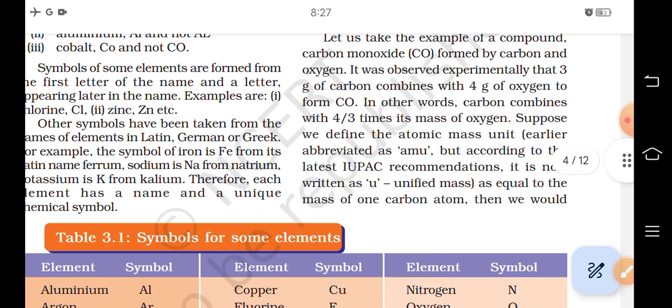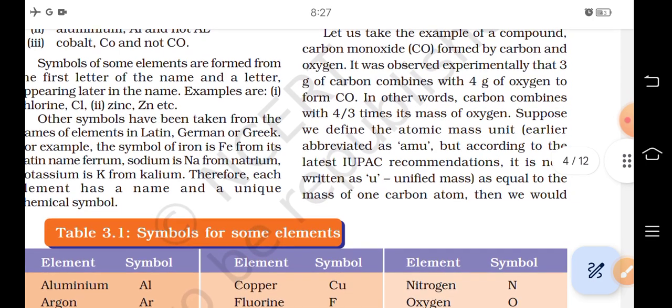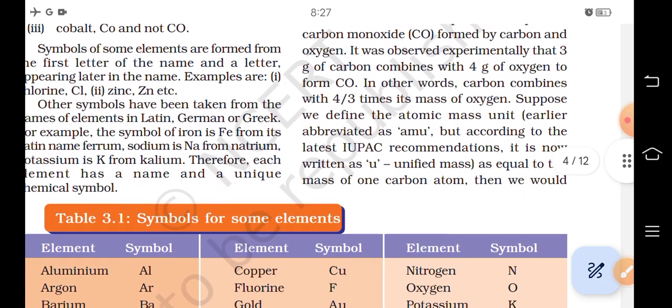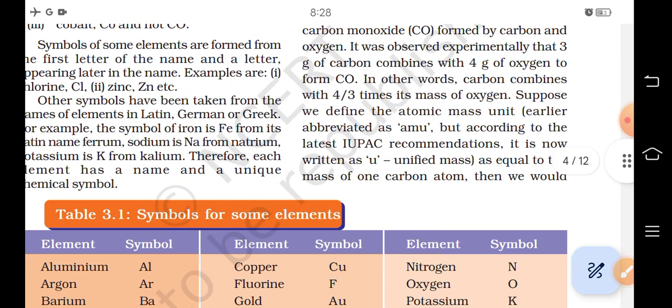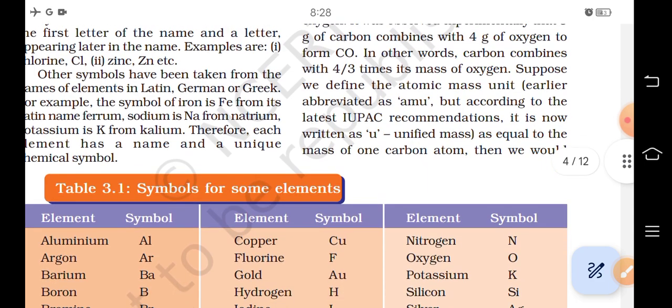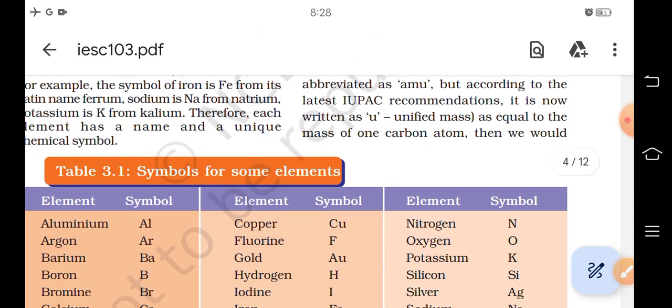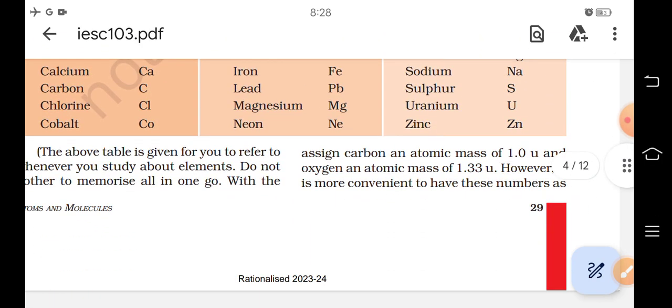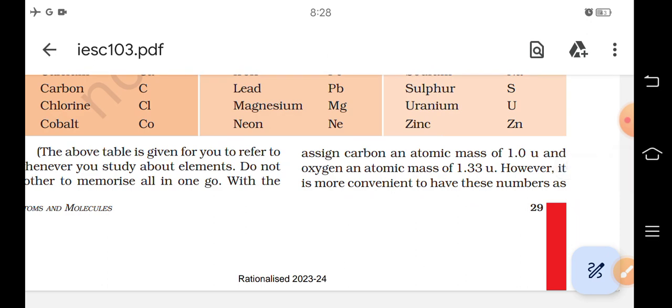Suppose we define the atomic mass unit, earlier abbreviated as amu, but according to the latest IUPAC recommendations now written as u, unified mass, as equal to the mass of one carbon atom. Then we would assign carbon an atomic mass of 1 u and oxygen an atomic mass of 1.33 u.